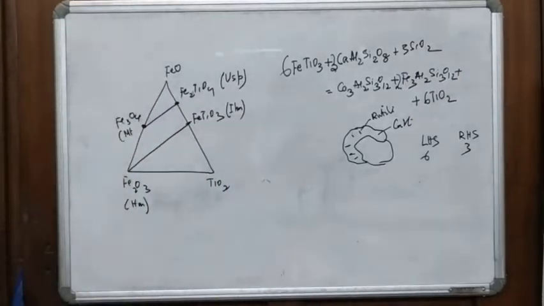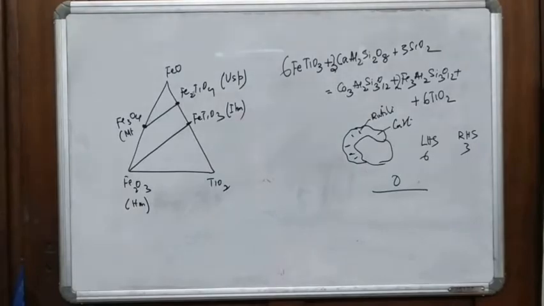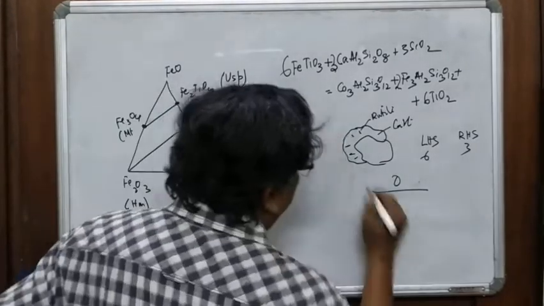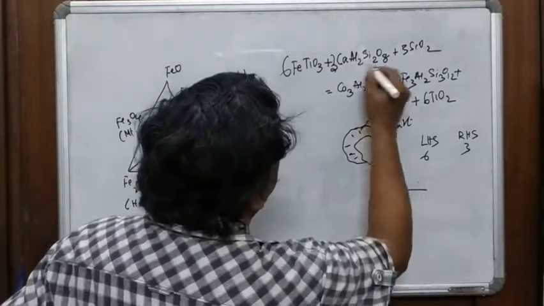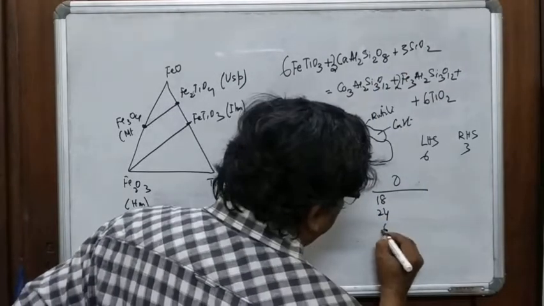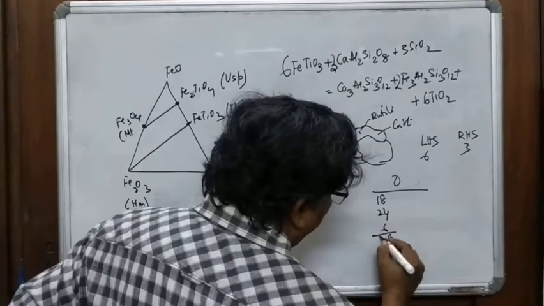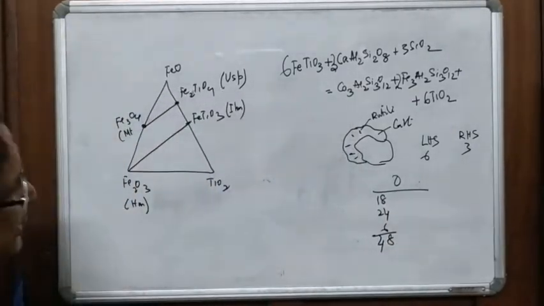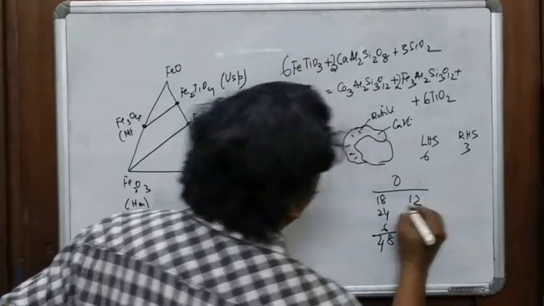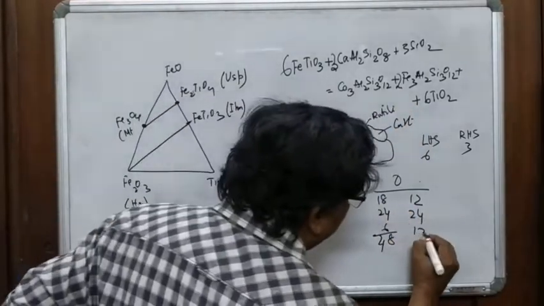Just check for oxygen. You should get 6 into 3, 18 oxygen. Here it is 24 oxygen, and here it is 6 oxygen, 48. On the right hand side you have 12 plus 24 plus 12, that's 48.